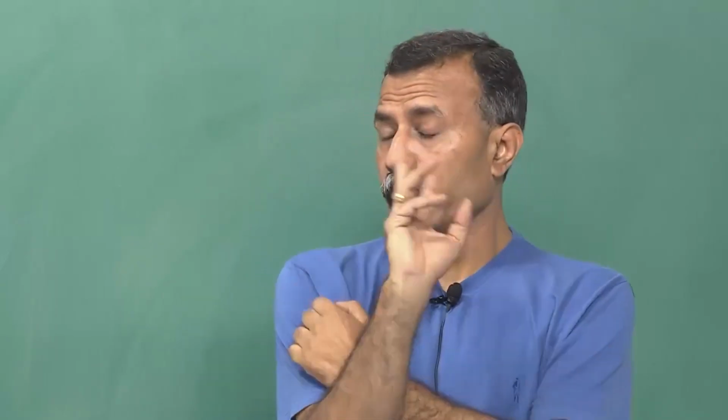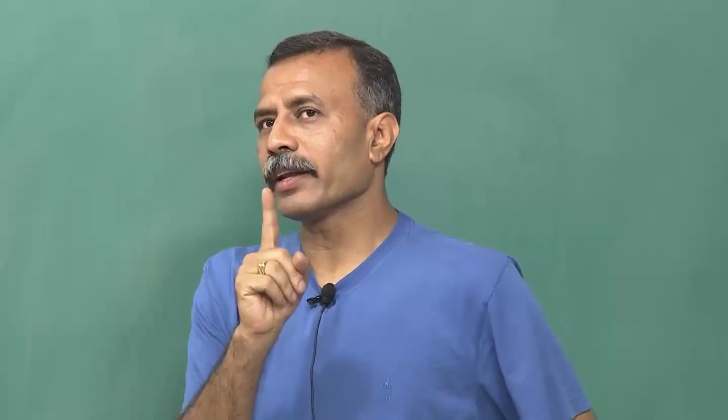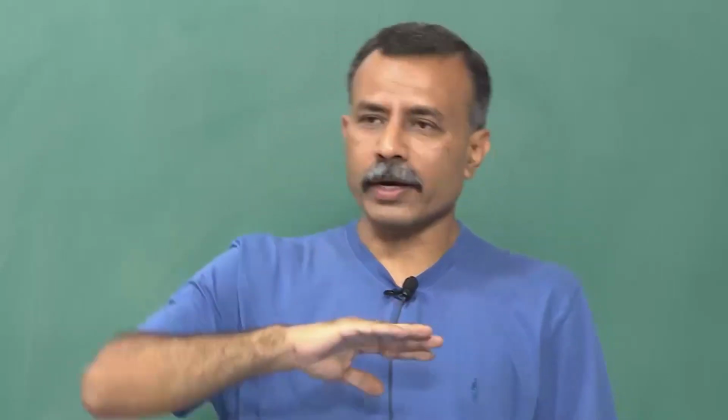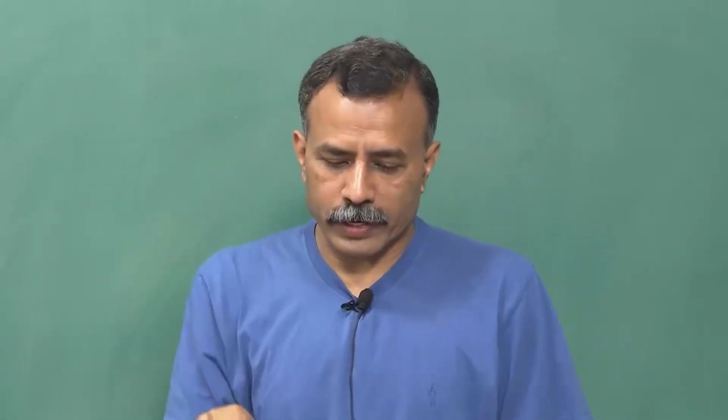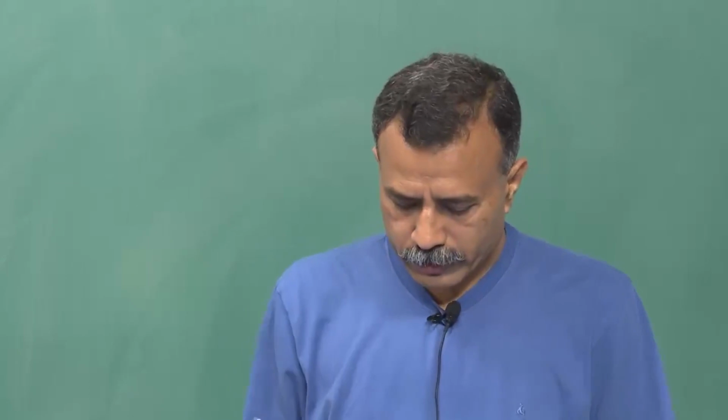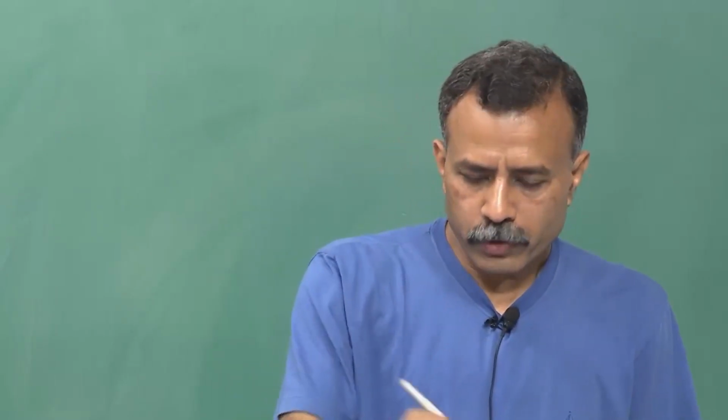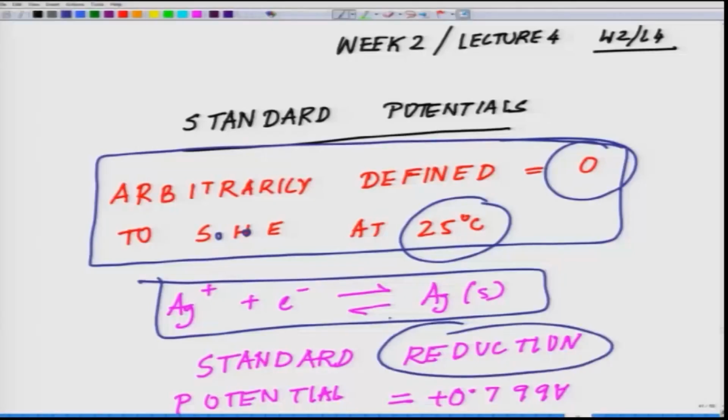So again, you can define it two ways, as I am repeatedly telling you. Try to demarcate. You can tell what is the power to give away the electron, where you are getting oxidized. In that case, instead of standard reduction potential, it will be called standard oxidation potential. But generally, we do not define it like that.